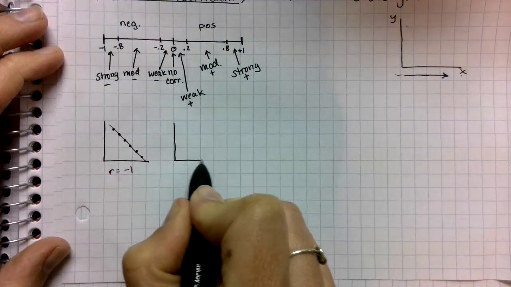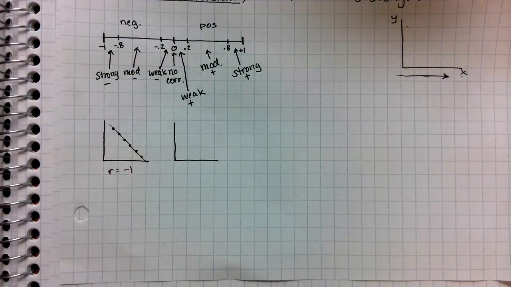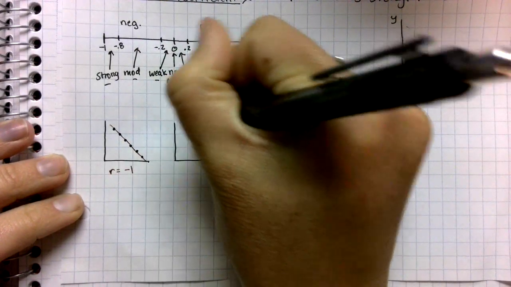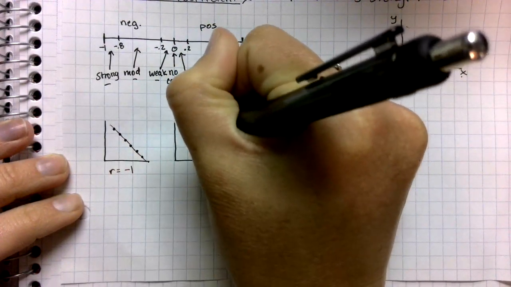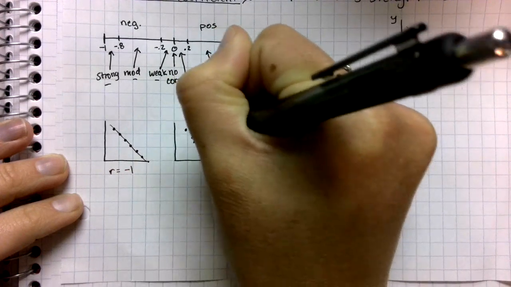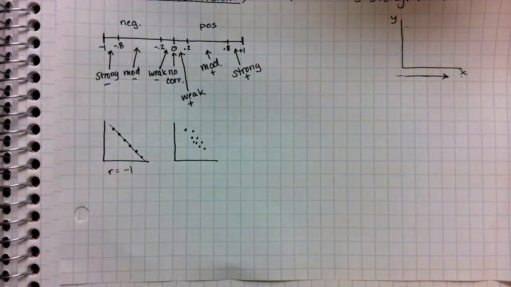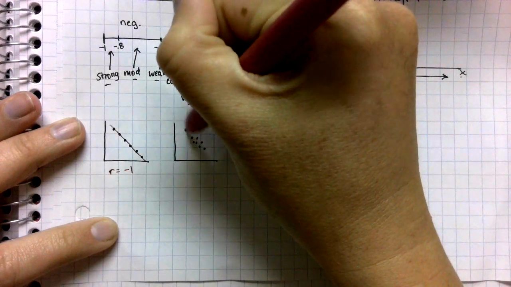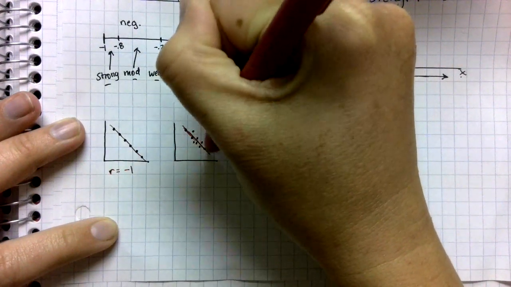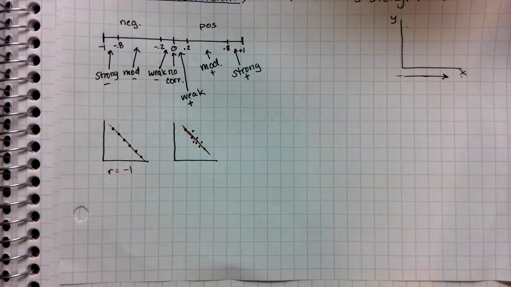Now, it is really unlikely to have that perfect correlation. So more often, what you will see is your points still give you the idea that there is a straight line that will model this data pretty well, but they might not all fall exactly on this straight line.